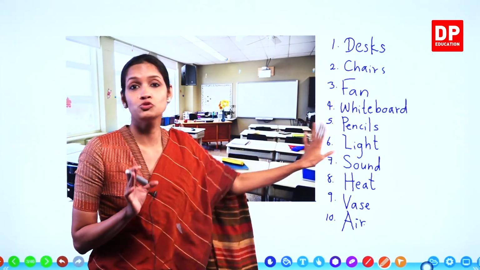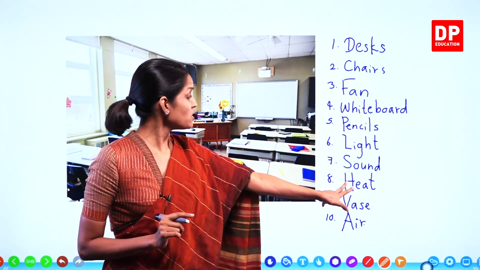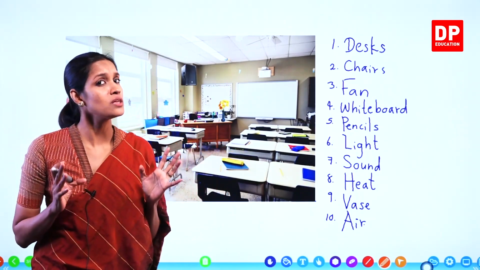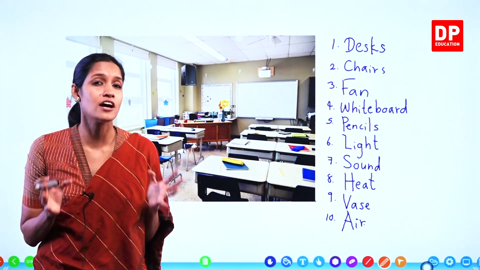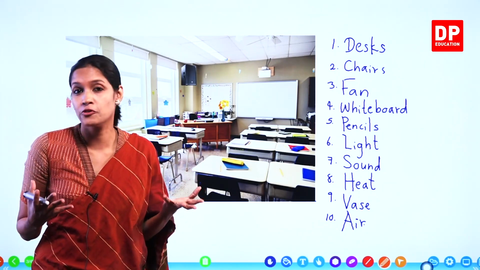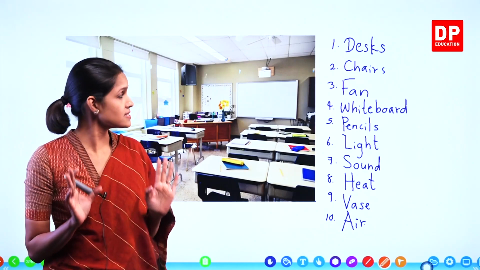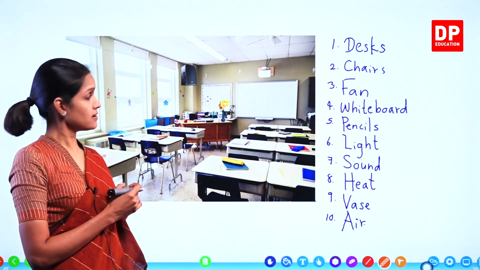But light, you can't measure the mass. What about sound and also heat? Can you measure the mass, children? We can't measure the mass of these types of things as well. Sound, heat, we can't measure the mass. Understand?